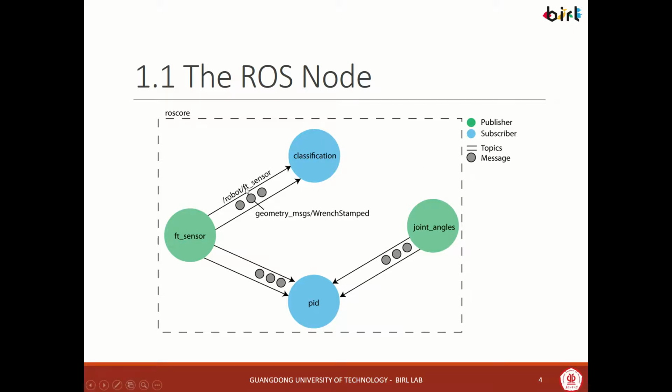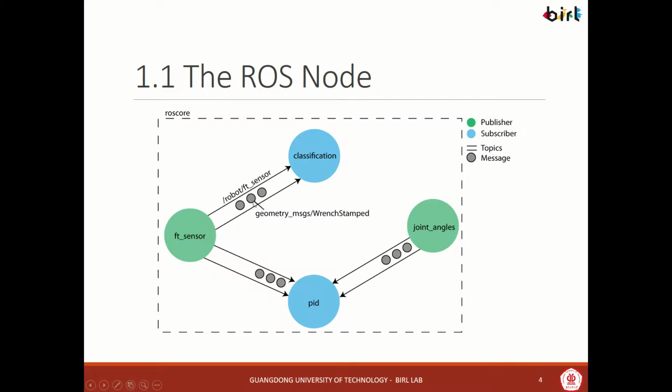Now, each topic has a particular descriptor. You can think of it as the name of a street. So, for example, the force torque sensor node might publish a topic called robot force torque sensor. And so this road or this topic will be described purely by this name. Then on each of these topics, we have data going through them, or in ROS language, we call it a message. The message also has a type.